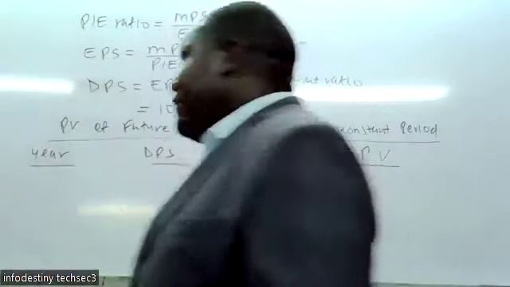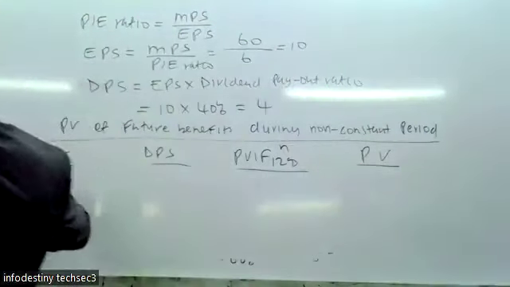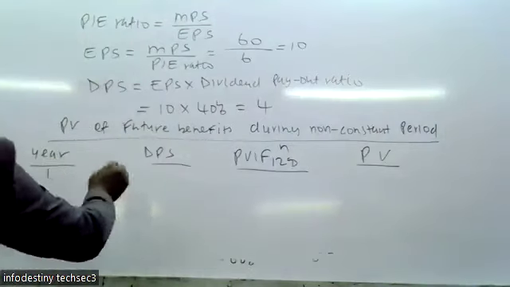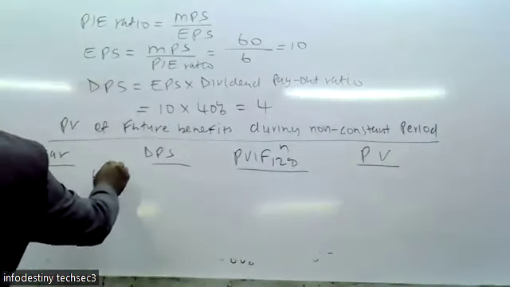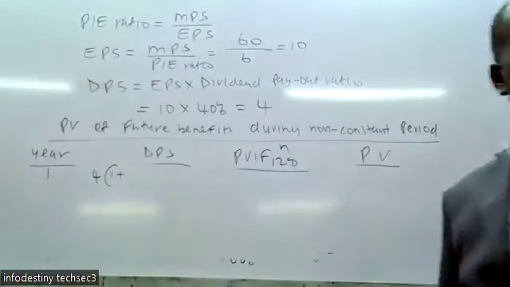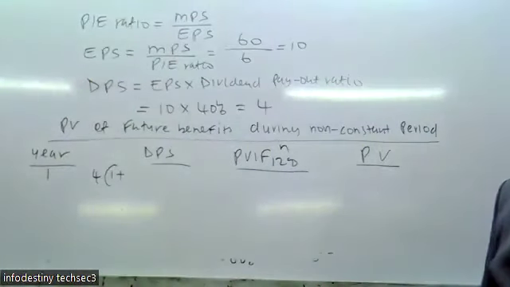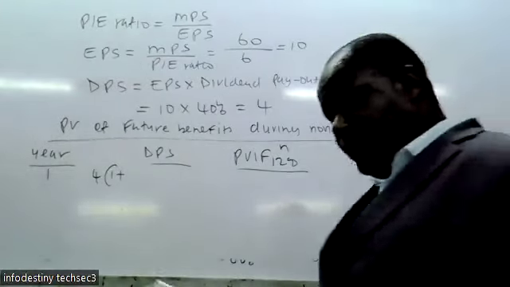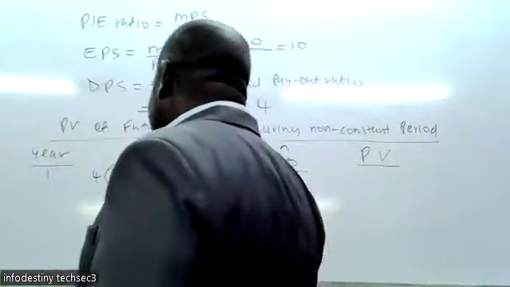So we start off with year one. You take 4 and 1 plus G. For the first 3 years, the growth rate is what percent? 10%, so it is 10% for the first 3 years.